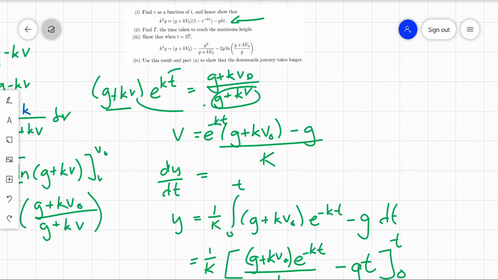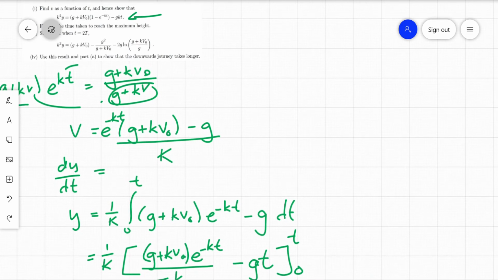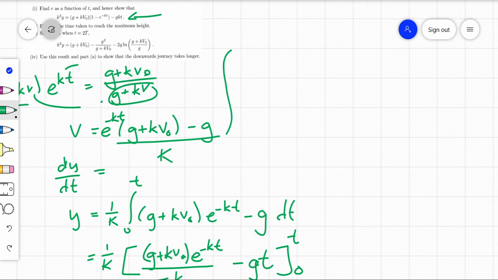So if I go from this equation here, when we reach our maximum height, we know the velocity is 0. So that gives us our t, the time of our h max.